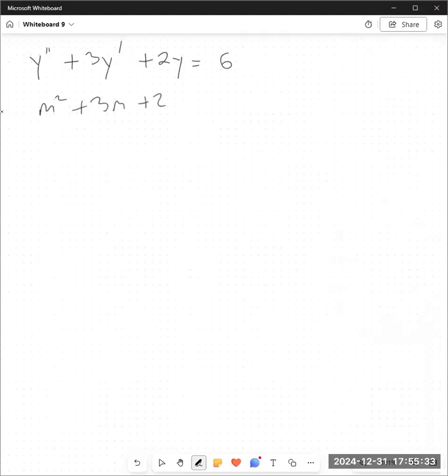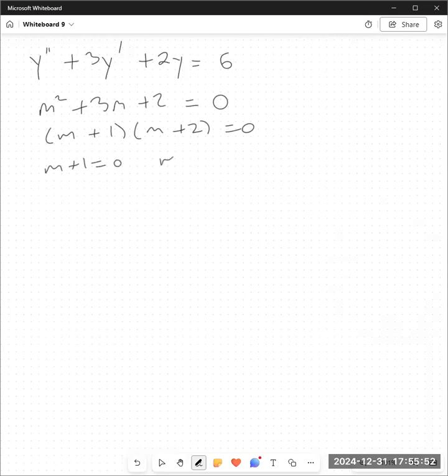So let's start with our auxiliary equation that we talked about last time, as if this were homogeneous, from this being equal to 0. We're going to call that the complementary solution. yc is equal to C1 e to the negative x plus C2 e to the negative 2x.